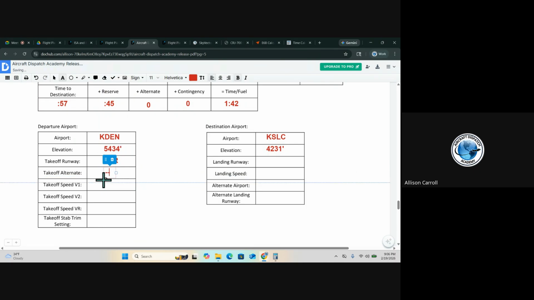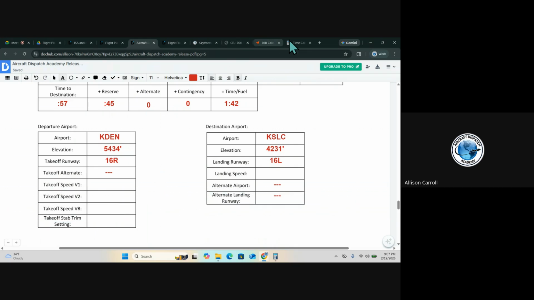Takeoff alternate, we didn't need one. Now we get into these V speeds for our takeoff. And then our takeoff stab trim setting. Really quick, I'm just going to put landing runway over here for Salt Lake with 16 left. We're going to get our landing speed. We didn't have any alternate for our destination. So now we get to go into the V speeds, and we find the V speeds in the performance charts.